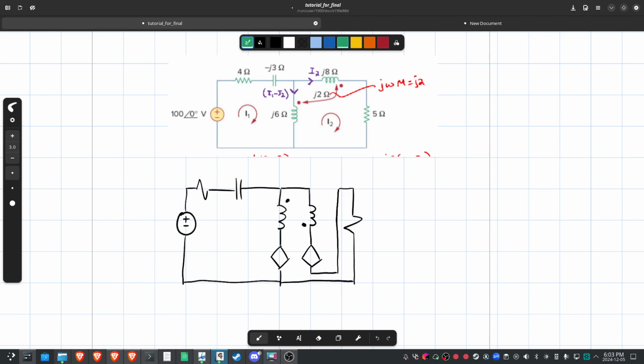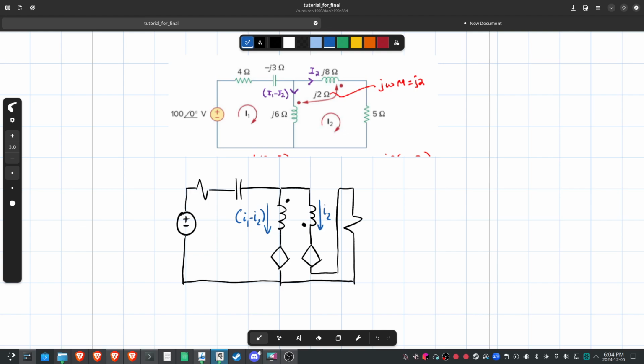And also some people got a little confused. Opposing, aiding, but it doesn't seem to be in the correct direction. Opposing, let me draw the currents here. So this is going to be I1 minus I2. And this here is going to be I2. Opposing and aiding is just a technical term regarding the underlying physics of magnetic coupling.